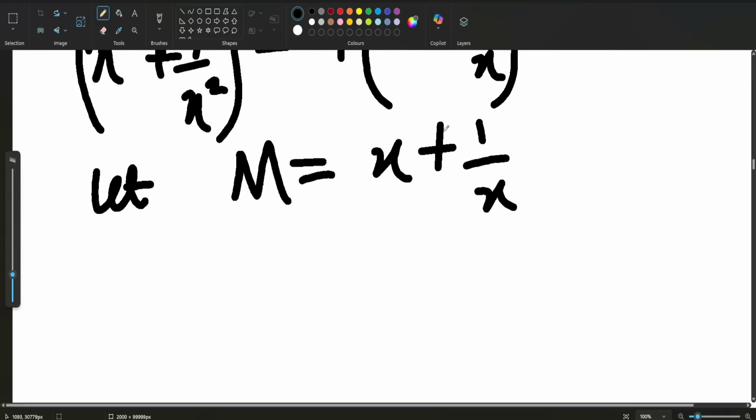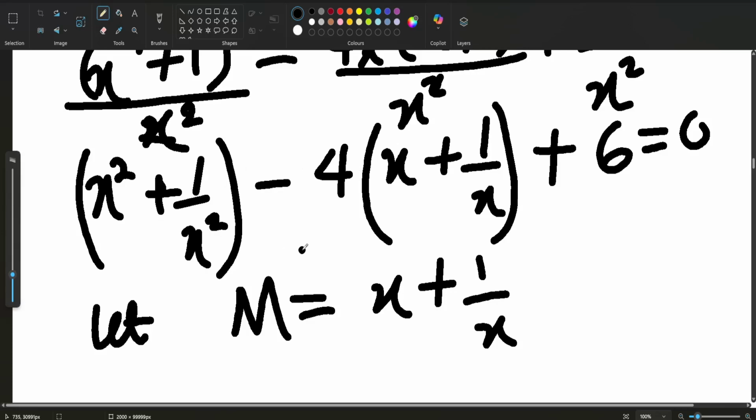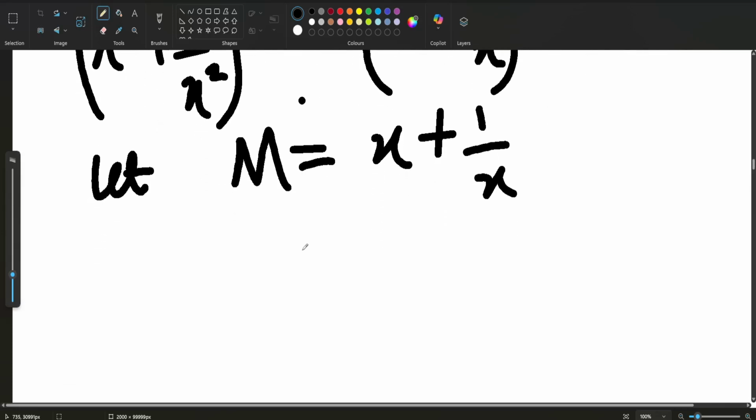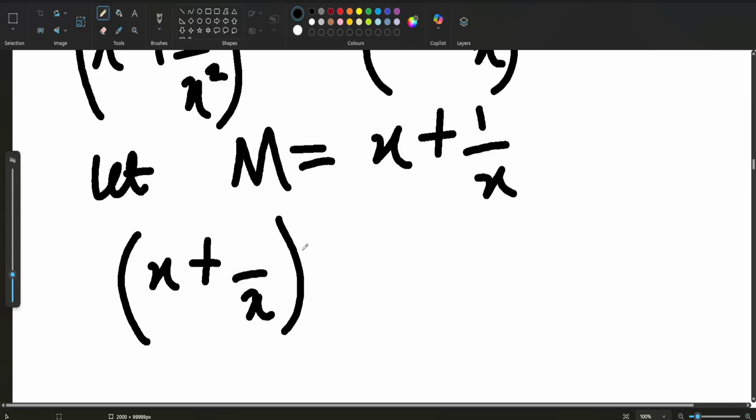But we observe that we can write this in terms of this. If we square x plus 1 over x, we are going to get x squared, and if we square this one, that is 1 all over x squared.